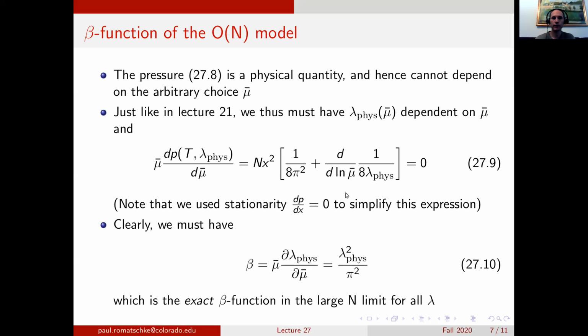So if this condition has to hold, the coupling constant has to have a particular form, and introducing again the notation for the beta function of the theory, we find that beta is given as lambda squared over pi squared. Since we have not made any approximations here, everything was exact in the large N limit. This is the exact beta function for the O(N) vector model for all values of lambda.